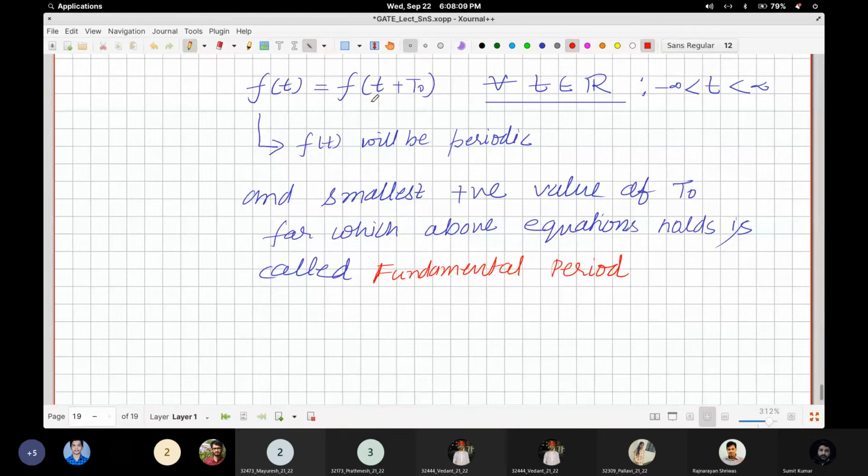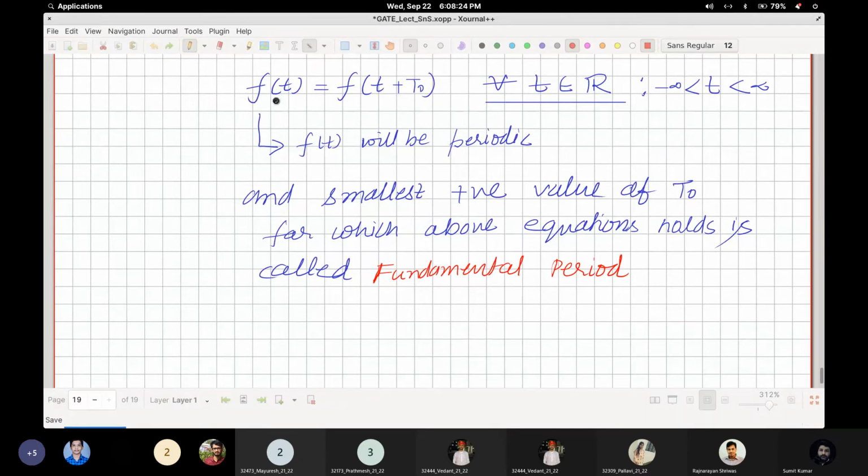Now there will be signal in which ft plus f of t plus t naught is going to hold, but you can't find smallest positive value there. Okay, they are periodic, but their period is undefined. Is that clear?